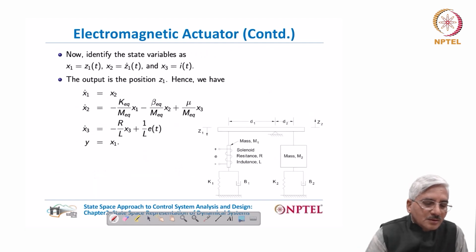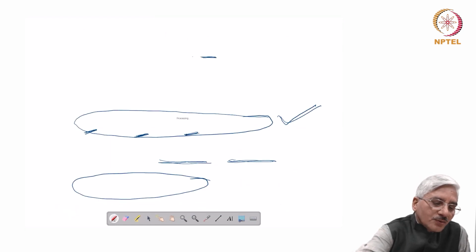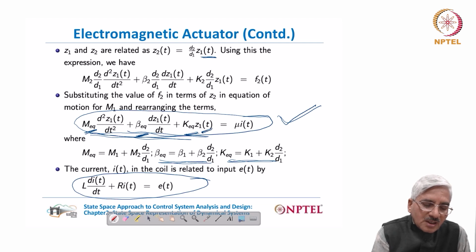Okay, now we got the equations and now we have to identify the state variables. So what we do is we identify from this equation the position Z1, the position of the lever arm on the left on the mass M1 side, Z1 as one state variable and dz1 by dt, that is the velocity, as the other state variable.